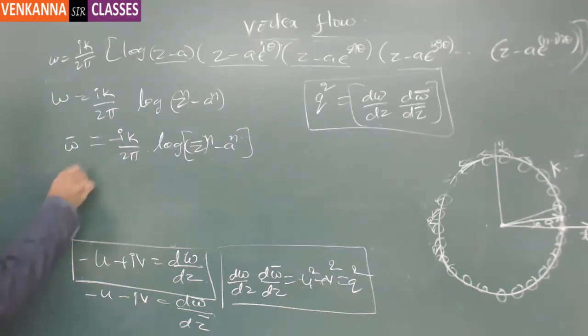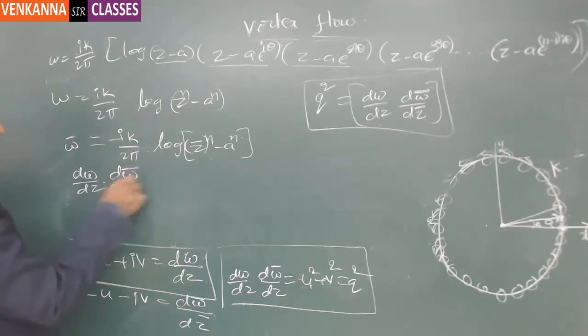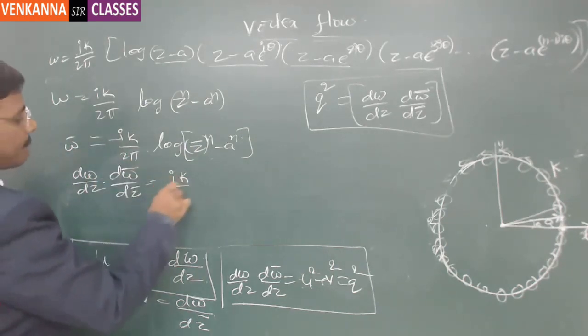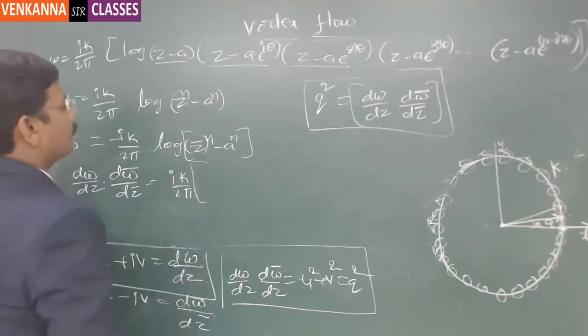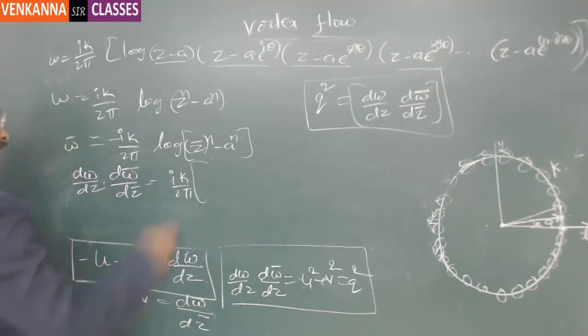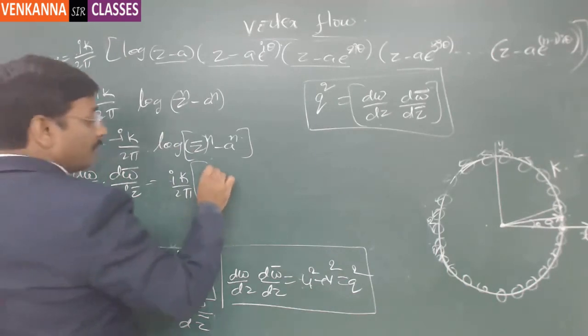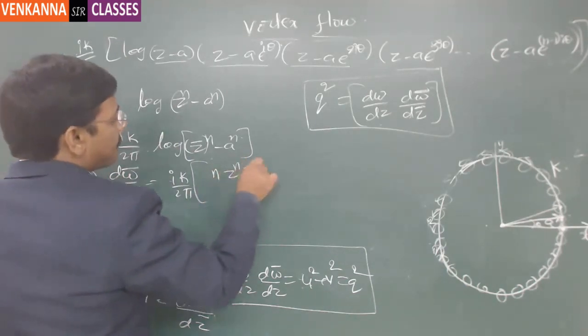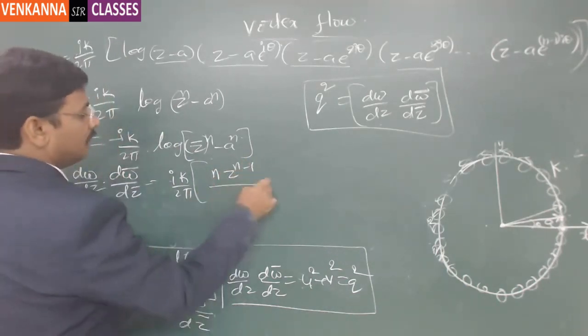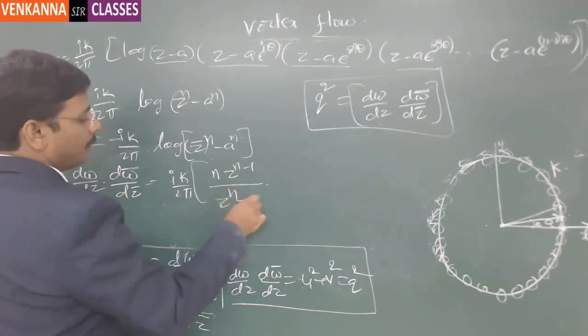Now the product of these two, dw by dz into dw bar by dz bar, is equal to ik by 2π times the derivative, which is n into z power n minus 1 divided by z power n minus a power n.